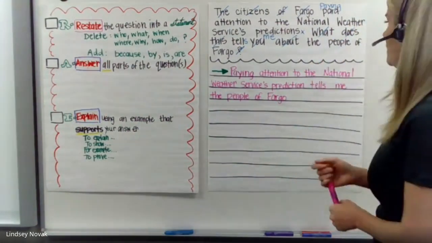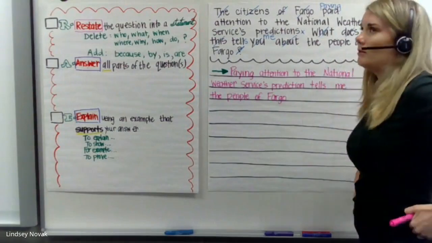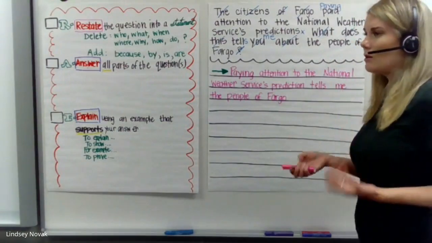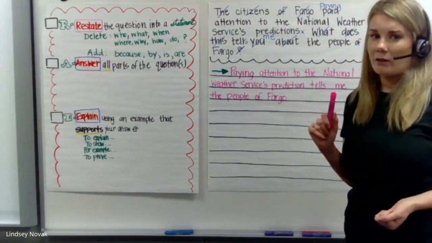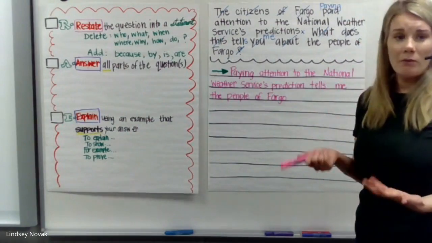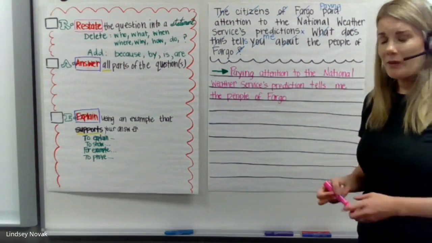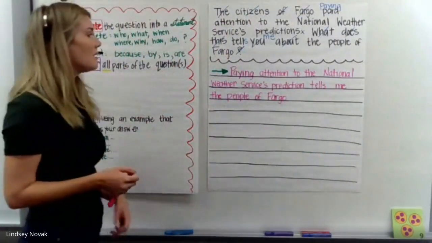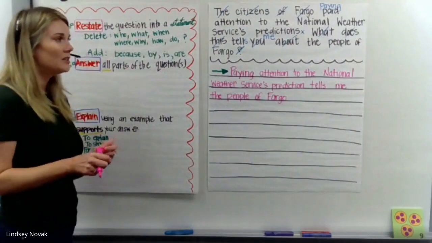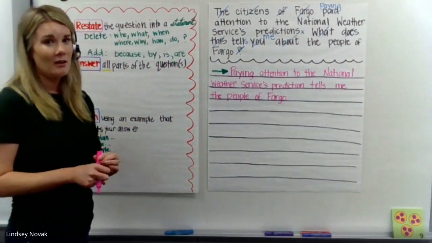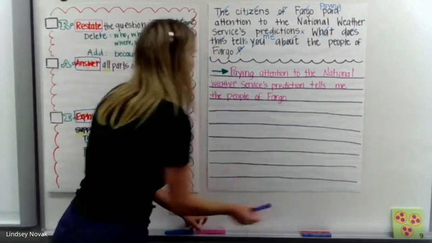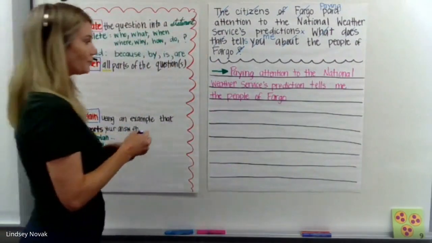So now that I look at how this question's being asked, I can tell that if I was a citizen of Fargo, I would pay attention to the weather very closely because I would be concerned whether or not it would be flooding. So I think it tells me that the people of Fargo take the possibility of a flood very seriously. So I'm going to write that as my answer in purple.